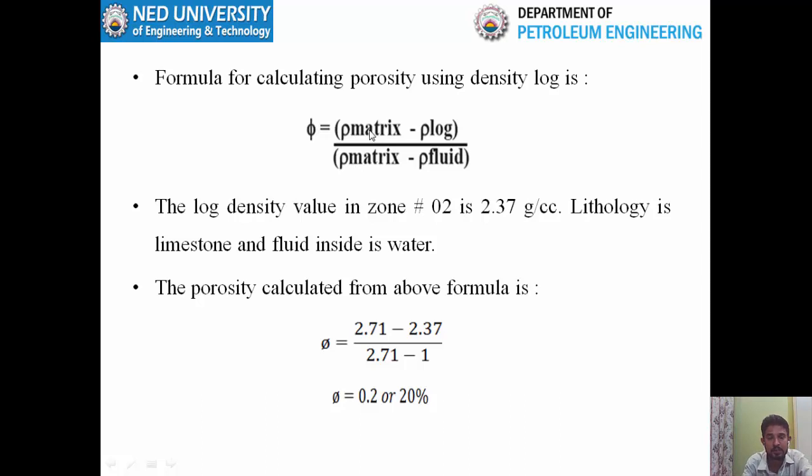We know the matrix is limestone, whose density is 2.71 gram per cc, and the fluid content is water, whose density is 1 gram per cc, and the log density value is 2.37 gram per cc. So we place the values in the formula: 2.71 minus 2.37 divided by 2.71 minus 1. It turns out that the porosity at zone number 2 is 20%.